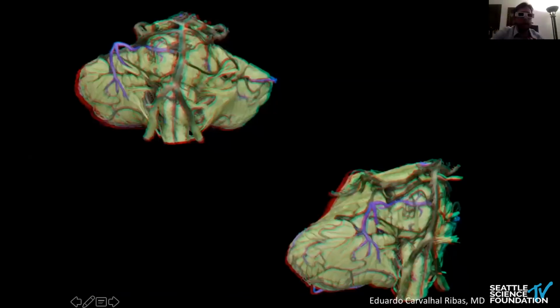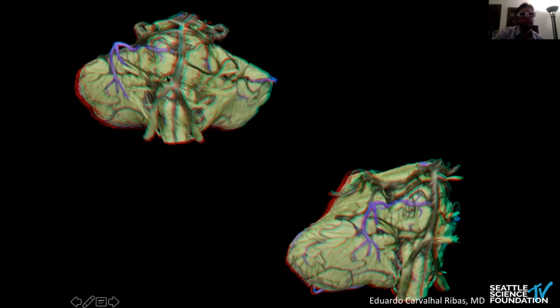Okay, and then the vertebral arteries will connect to each other and will originate the basilar artery. And the basilar artery at its topmost will open up into the two PCAs. So we have the three main branches of this system here. We have the PICA originating from the vertebral artery.